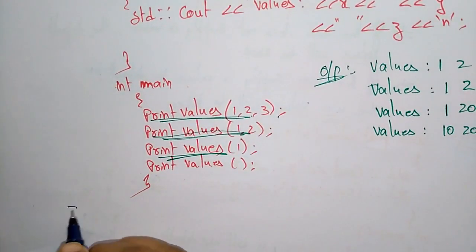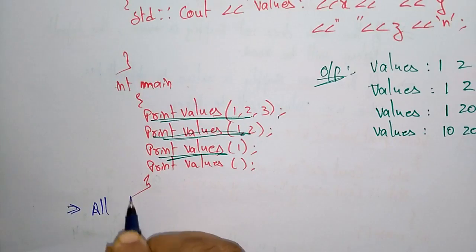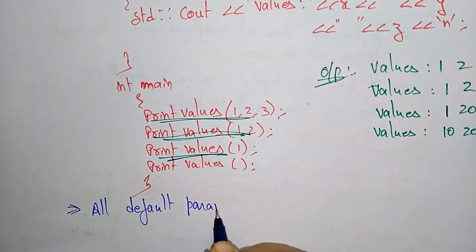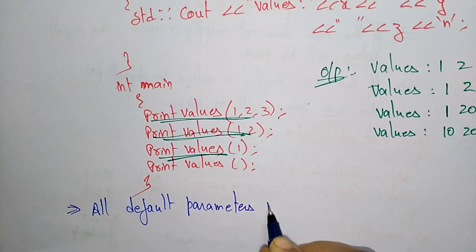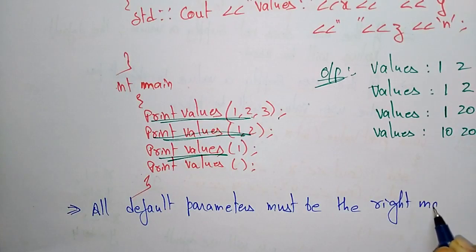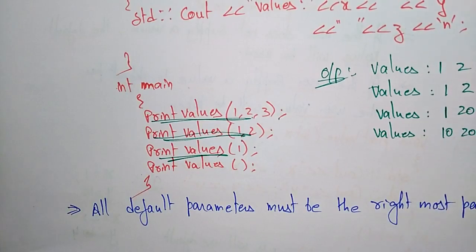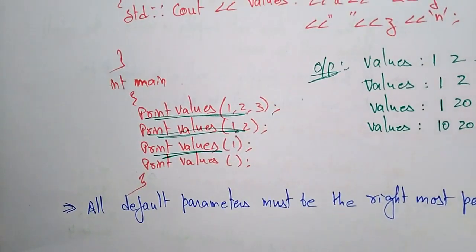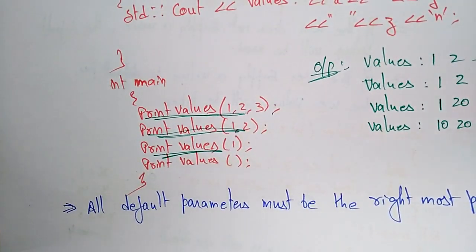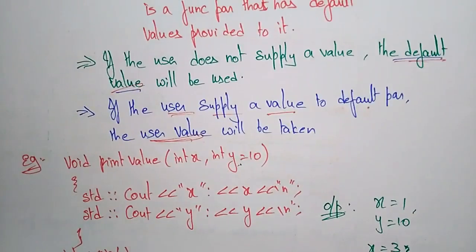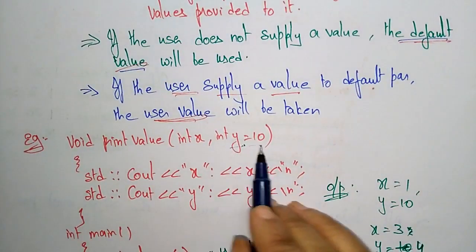So all default parameters must be the rightmost parameters. What does it mean? All the default parameters must be rightmost. In the previous example, I had given only the z value, and here I entered only the y value.